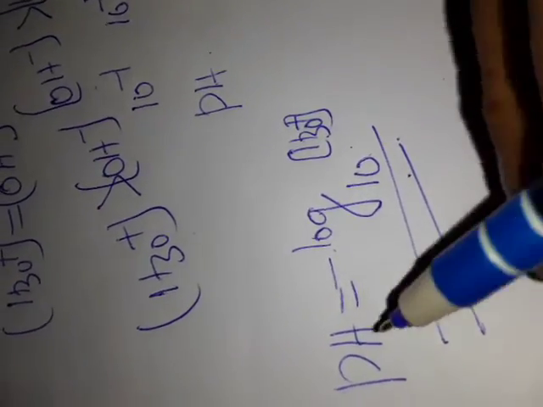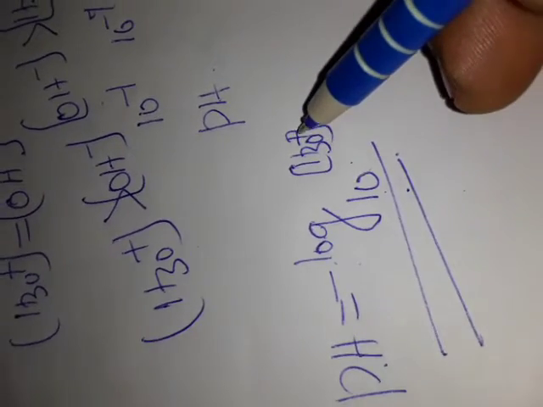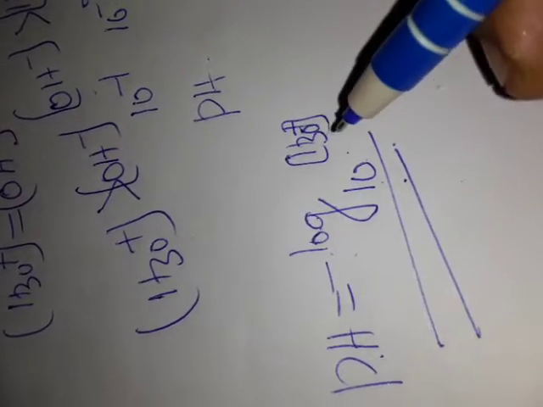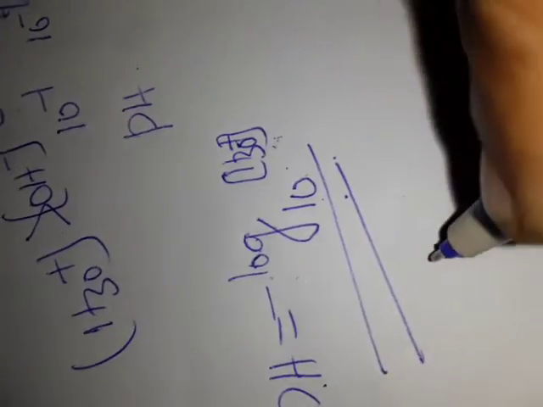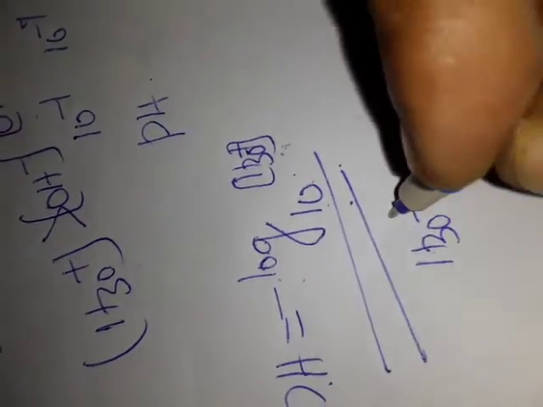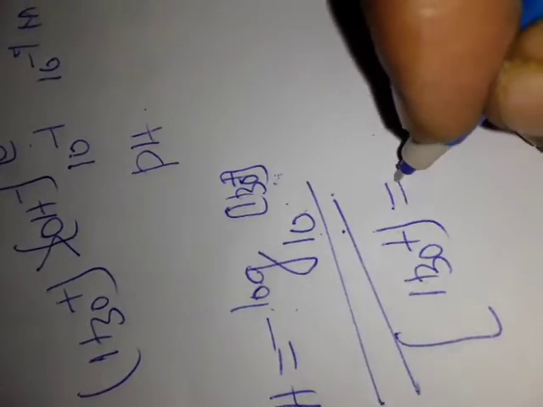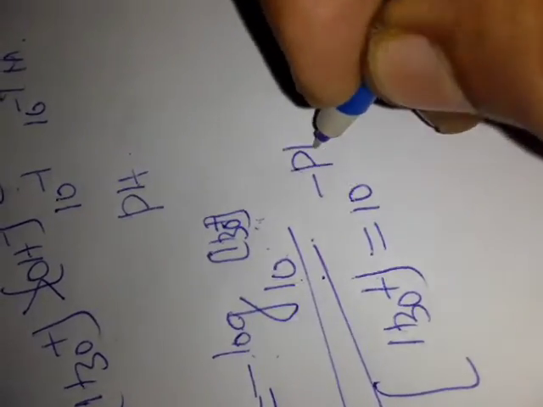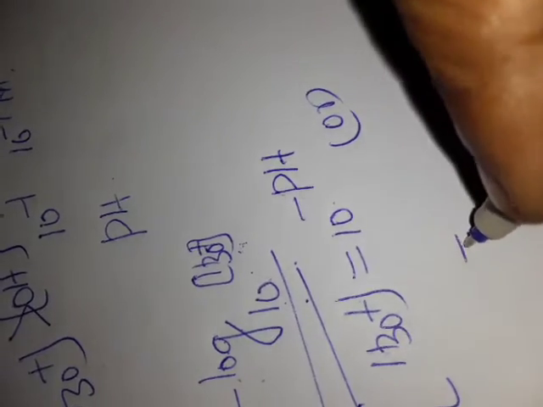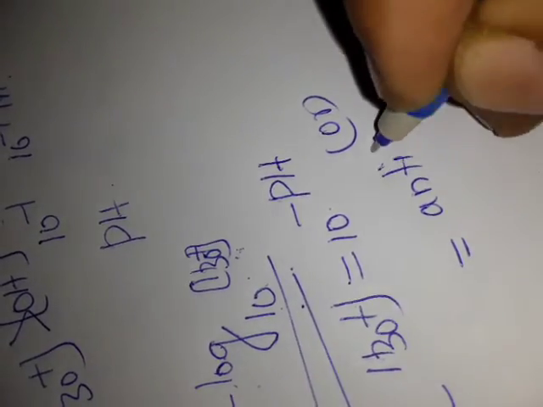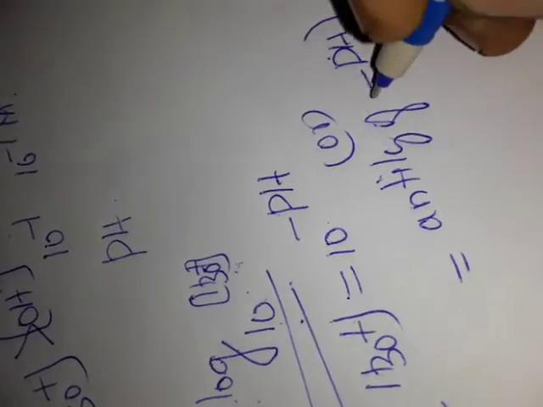So pH is the negative logarithm to the base 10 of the molar concentration of hydronium ions present in the solution. The concentration of H3O plus can be calculated from pH: H3O plus is equal to 10 power minus pH, or the H3O plus concentration is the anti-log of minus pH.